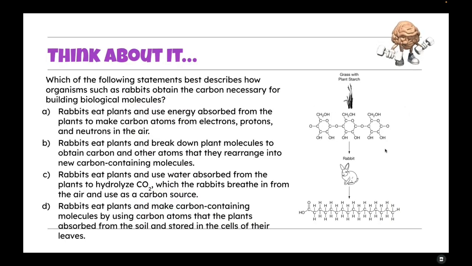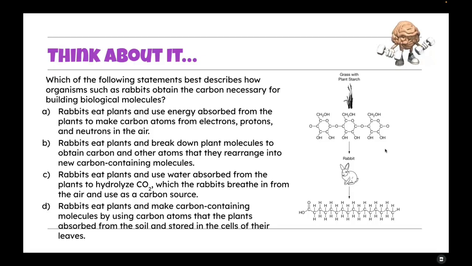All right, we have another complex scenario. Which of the following statements best describes how organisms such as rabbits attain the carbon necessary for building biological molecules? Do rabbits eat plants and use energy absorbed from the plants to make carbon atoms from electrons, protons, and neutrons? Do rabbits eat plants and break down plant molecules to obtain carbon and other atoms that they rearrange into new carbon-containing molecules?